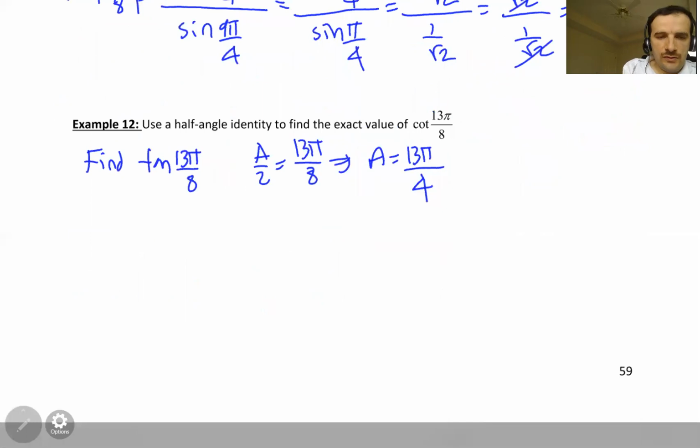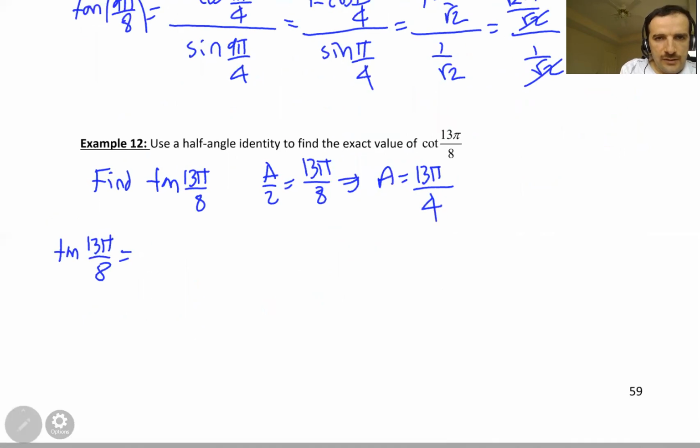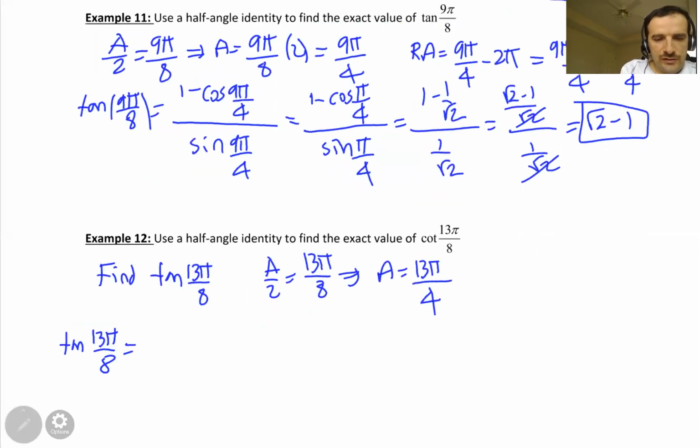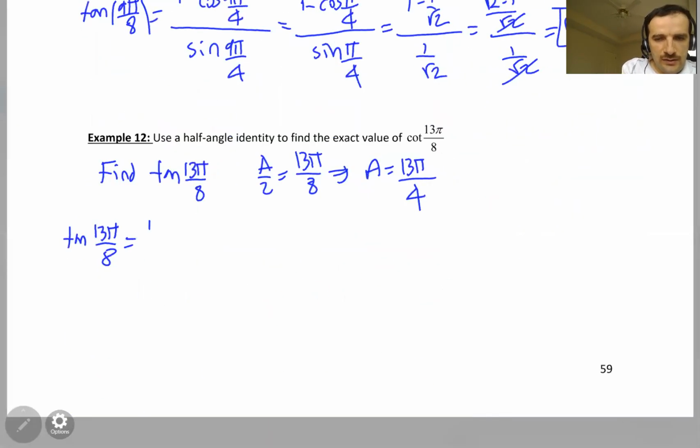So tangent 13 pi over 8 is equal to, what was the formula? 1 minus cosine A over sine A, right? 1 minus cosine of 13 pi over 4 over sine of 13 pi over 4. Okay.